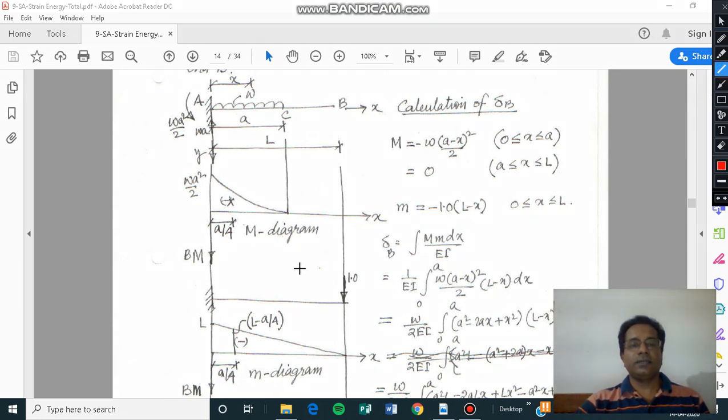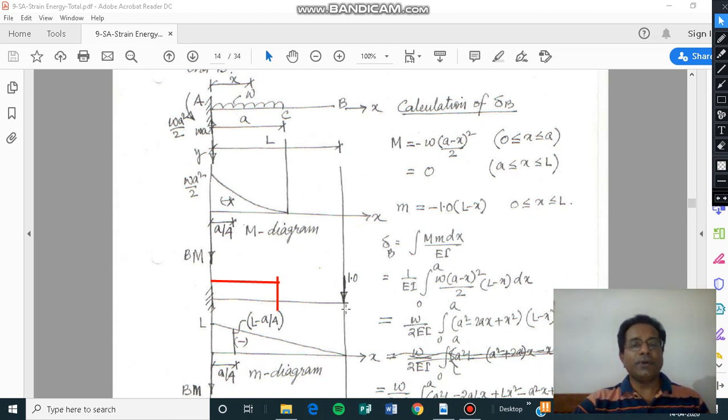See here, if I take this as the section, and from here to here this is the distance x, then the bending moment at the distance x is equal to 1 into this distance. This is L, and here to here is x, so 1 into L minus x. And here the bending moment is hogging moment. We are calculating bending from the right side clockwise, so the minus sign, that's minus 1 into L minus x. So that way we can calculate the bending moment, small m. Okay, that's for the unit load.